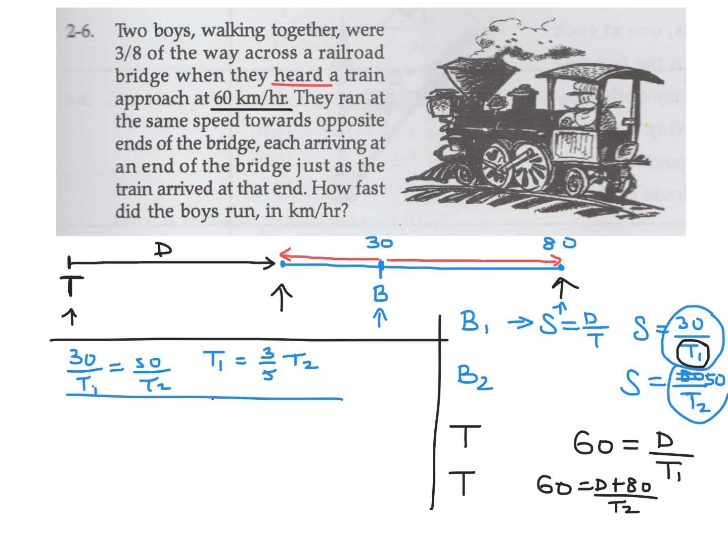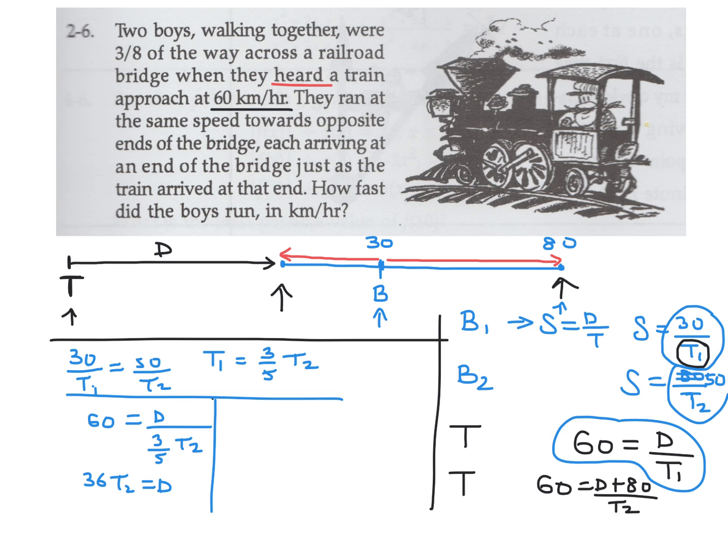Then we will use this equation right here: 60 is equal to D over T1, but T1 is 3 over 5 T2. Let me isolate this in terms of D. If I cross multiply, 180 divided by 5, 36 T2 is equal to D.